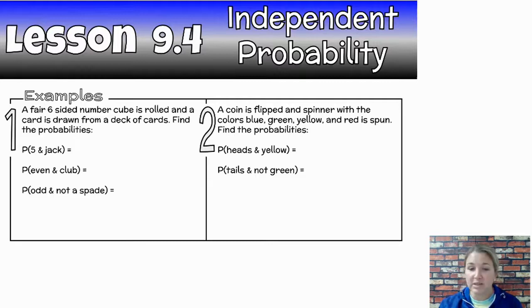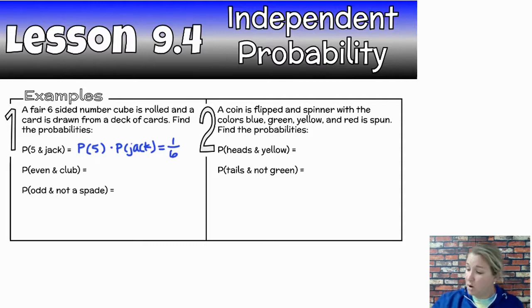So we're going to look at the probability of rolling a five and then drawing a jack from the deck. It's shuffled and at random, picking a jack. So we're going to take the probability of rolling a five and multiply by the probability of picking a jack. The probability of a five is one out of six, since there's one five on the six-sided number cube.